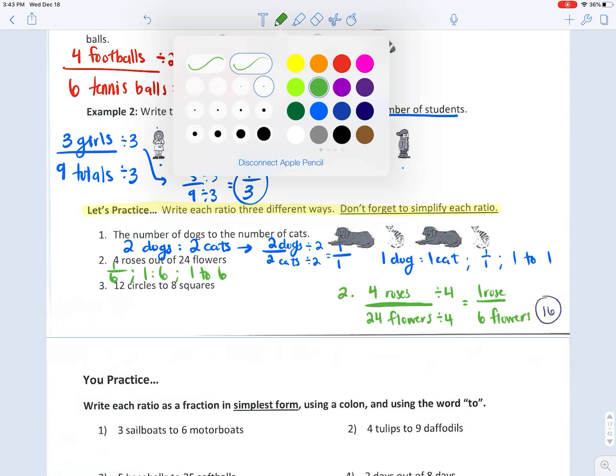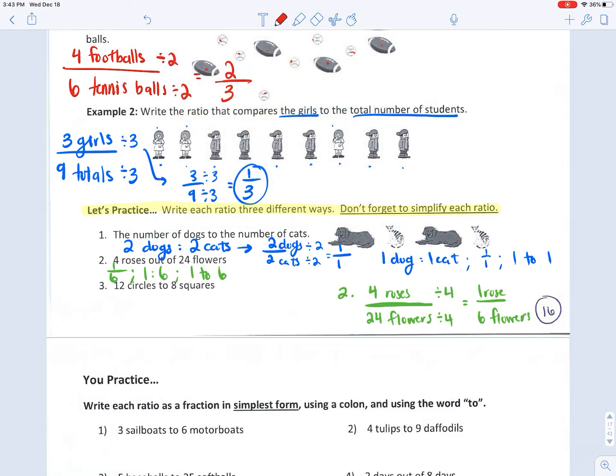There we go. And last one, number 3, 12 circles to 8 squares. So I'm going to write that as a fraction first. 12 circles to 8 squares. And let's simplify this. What is the biggest number that can go into 8 and 12? Hopefully you arrived at the same conclusion that 4 can go into both of those.